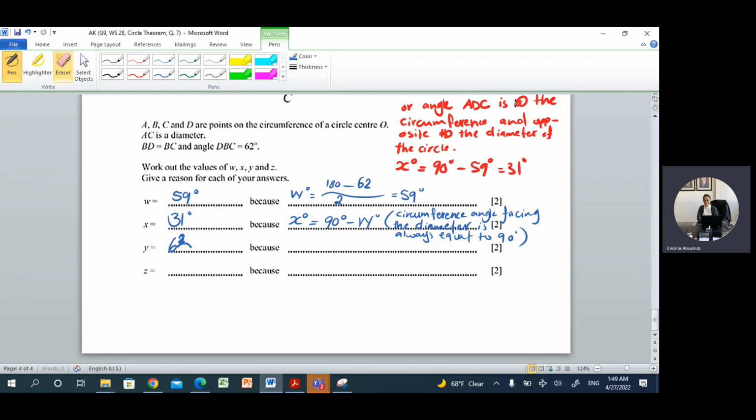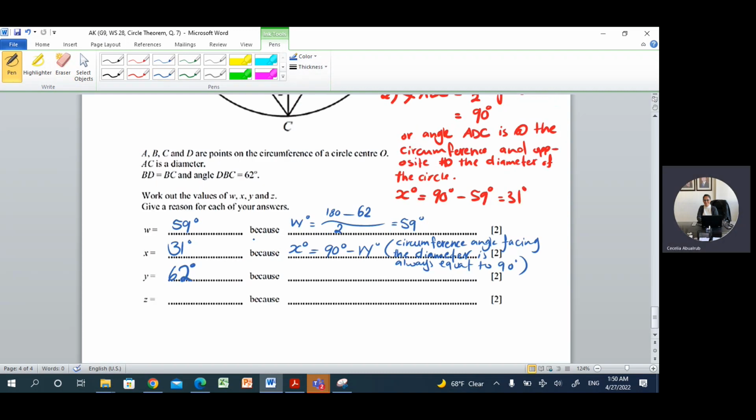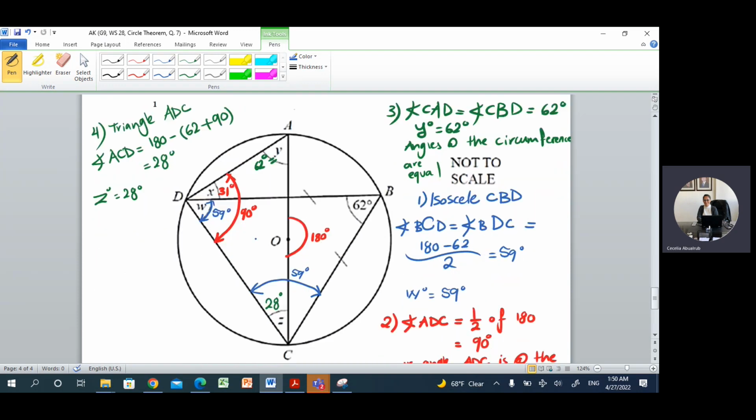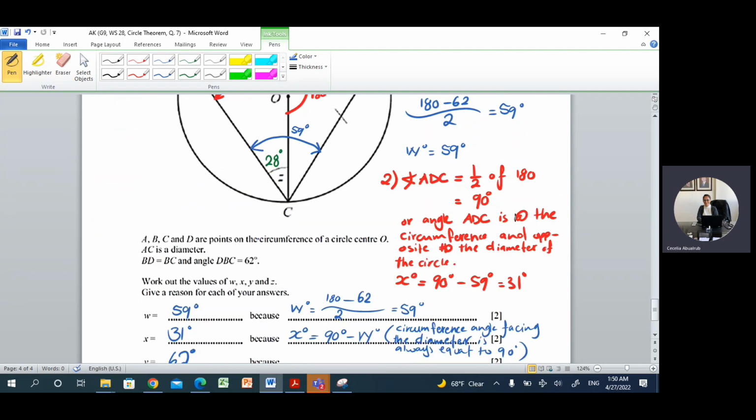Because we've already explained that up there, because angles at the circumference are equal.